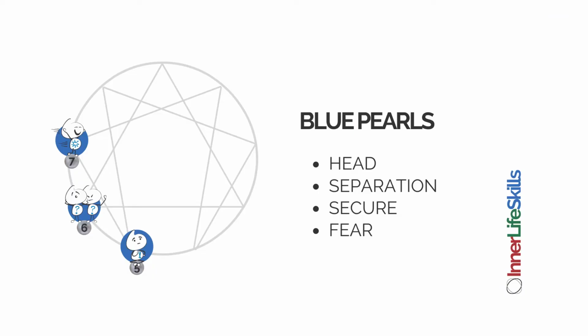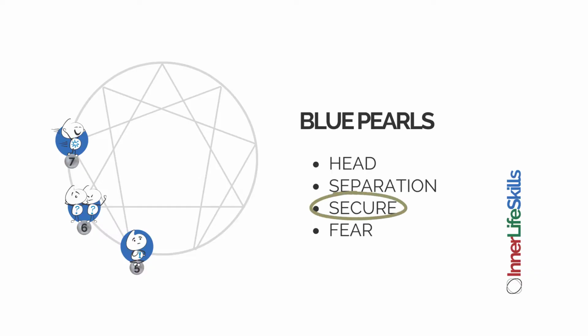If we compare that to a blue pearl motivation, our blue pearls are motivated by mind dominance, which is thinking as a primary driver of behavior. Now, thinking influences us all, but this is the center of gravity for our blue pearls. That is combined with seeking security, a feeling of being okay.